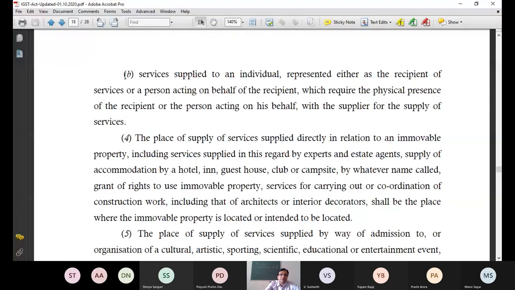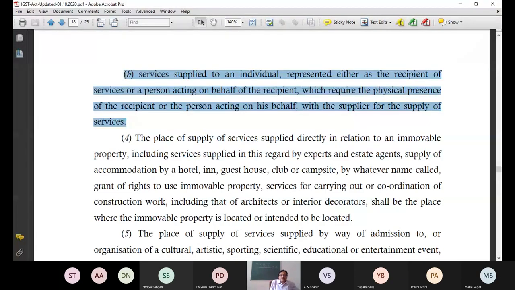So the section is still the same. The heading of section 13(3) is still applicable, that place of supply will be the place where services are actually performed. But now the clause is different. So what is this clause? Services supplied to an individual. Now can you sense the difference between clause A and clause B?